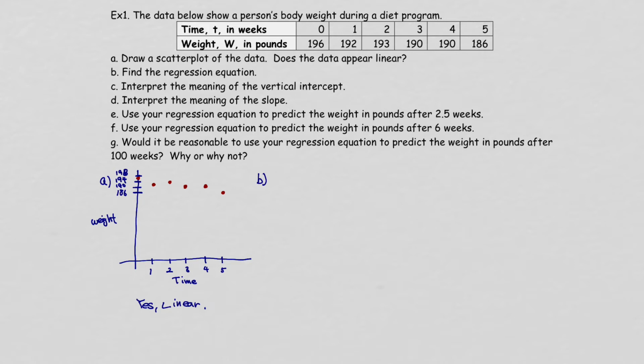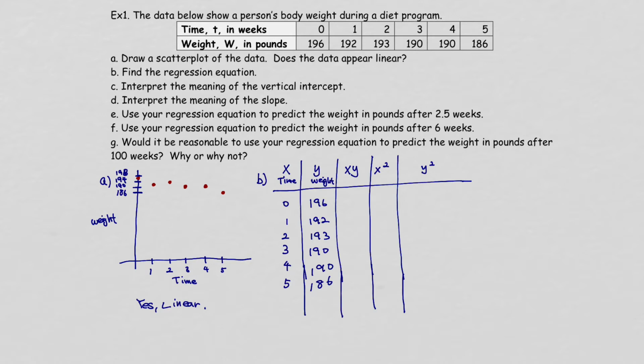In order to find the regression equation, there are several ways of doing it. The method that I'm going to show you here is doing it by hand. And when we want to do that, we want to find certain values. The first thing we want to find is the multiplication of those data.